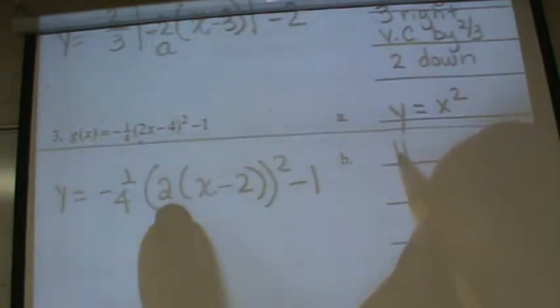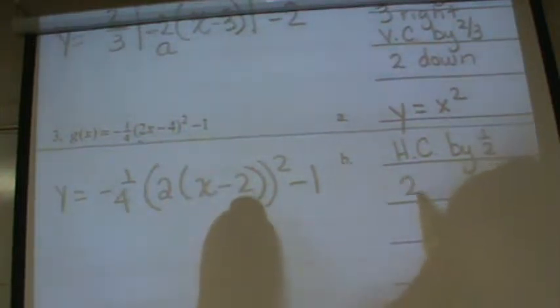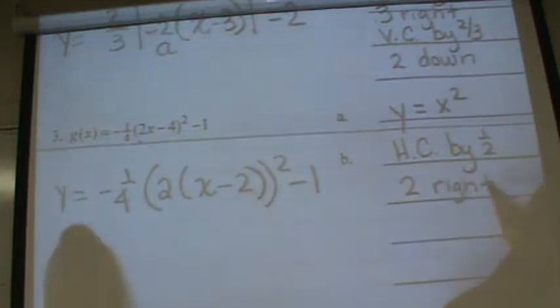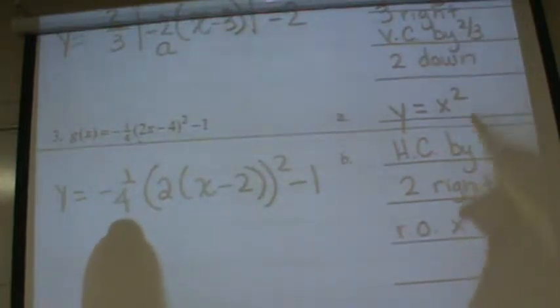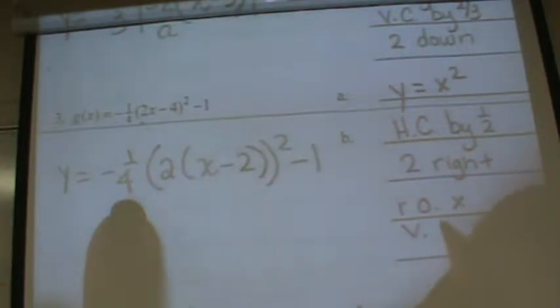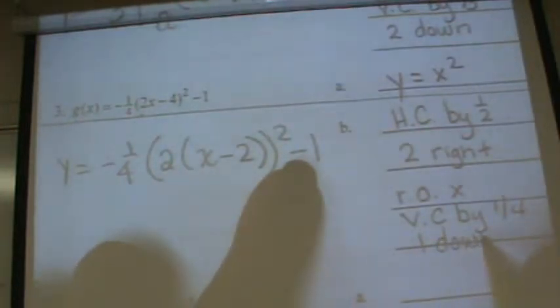So this is a horizontal compression by 1/2, 2 units to the right. Reflection over the x-axis. Vertical compression by 1/4 and 1 unit down.